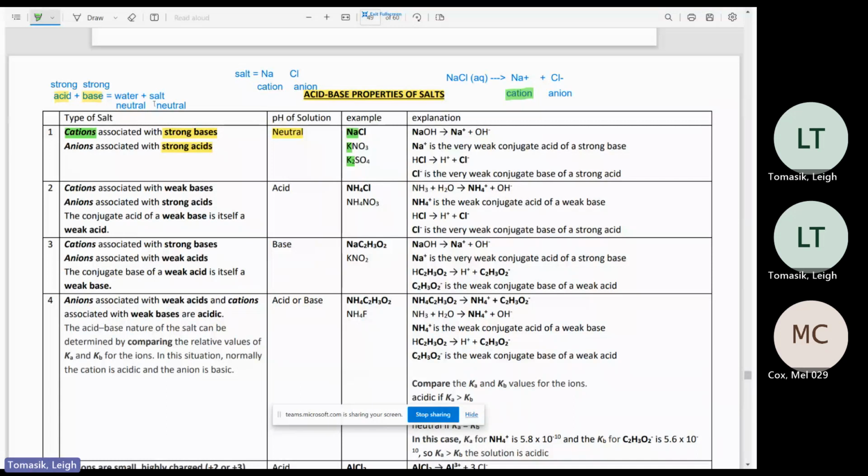So what were our strong bases? Our strong bases had strong cations, which are group 1 elements, and magnesium and calcium, right?